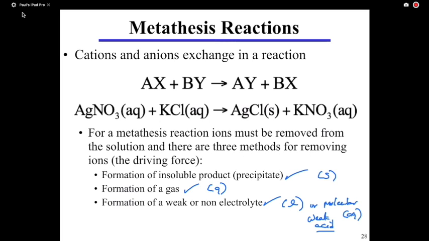So we can form a weak acid. It is aqueous, but it doesn't dissociate completely. So those are the types of things that will drive the reason why or be the net ionic equation of the reaction.